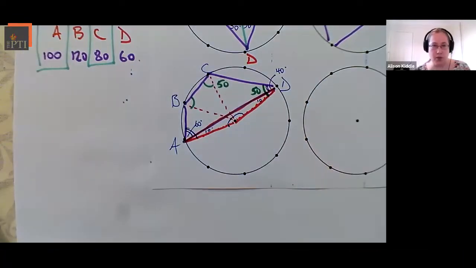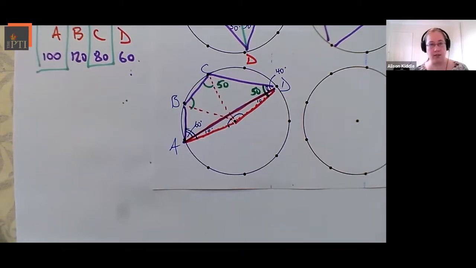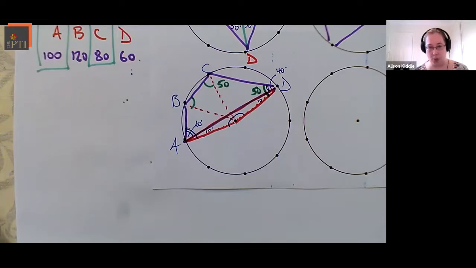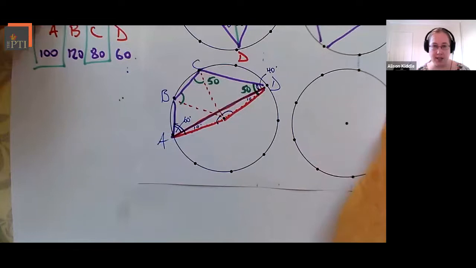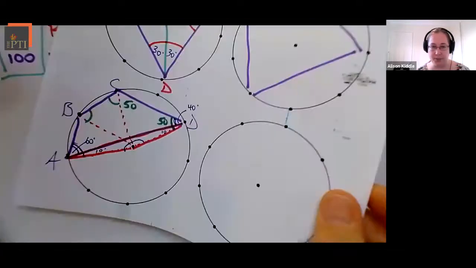But of course, when we talk about opposite angles in a cyclic quadrilateral, we mean A and C and B and D. So when we're using mathematical terms like opposite that have a particular mathematical meaning, making sure that we're aware of students not getting confused with a more colloquial meaning and having that precision there is really important.